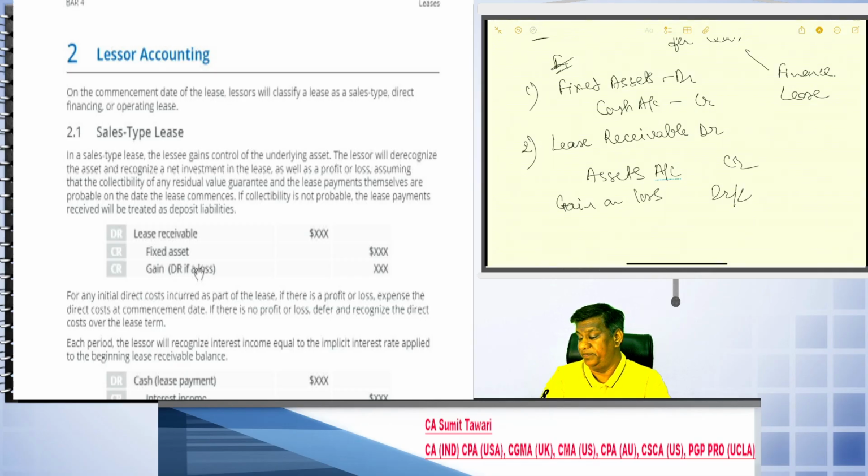Clear? If the asset is kept for a period of less than 12 months, then what are the criteria which should be met? No, see, if it is less than 12 months, that means it is an operating lease, no?